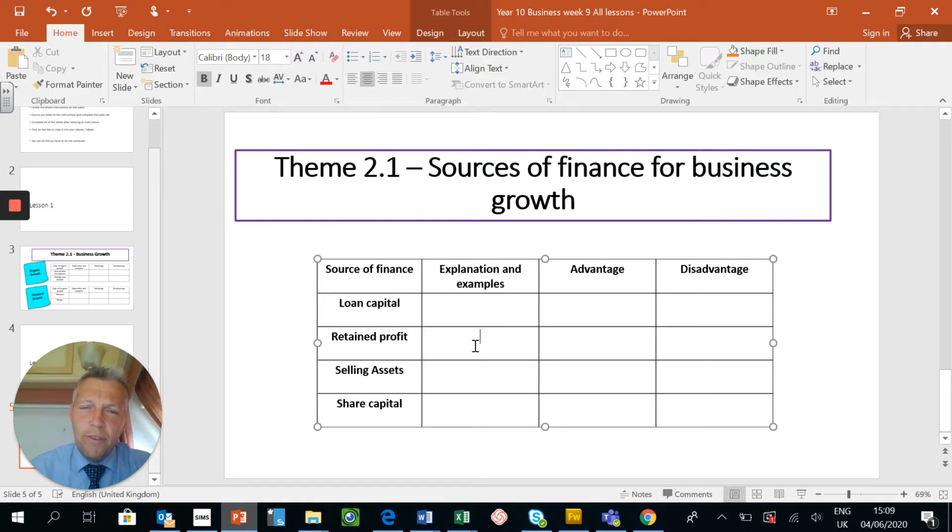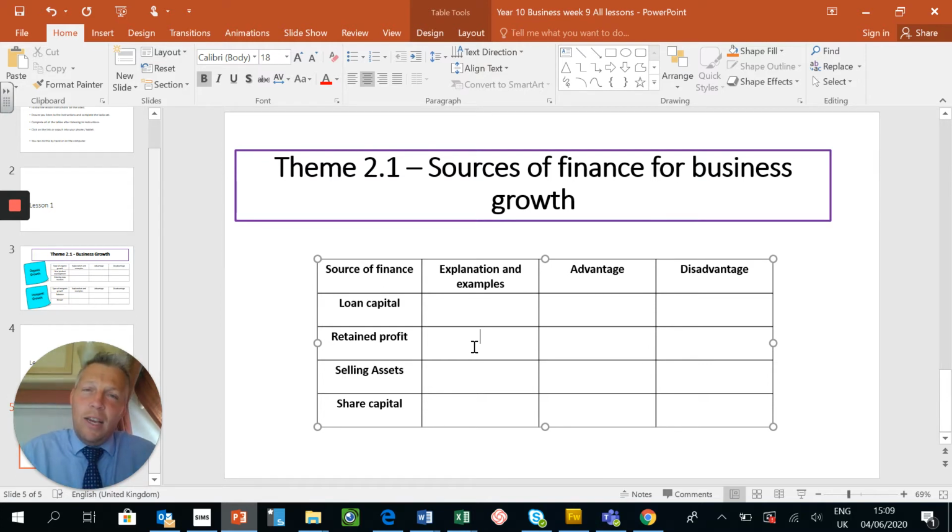Retained profit. Now, retained profit is money that a business has made, obviously minus all their costs. Therefore, it's profit, sales revenue minus costs, in the previous year. And they, instead of investing that money in themselves, well, they could have bought a nice holiday or a new car, they would have invested it back into the business.